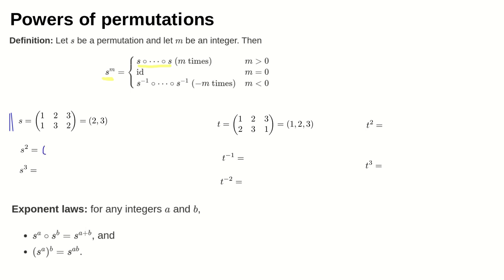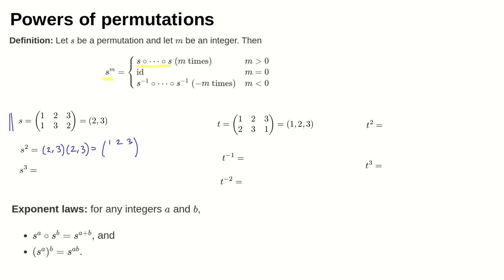So this is (2 3) composed with (2 3). If we want to work this out, perhaps we can do it simply by writing down the two-row notation for this. We'll think one number at a time about what s squared does to that number. S squared of 1 is s of 1.